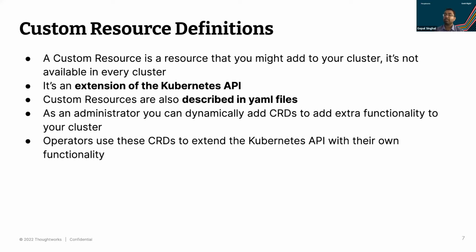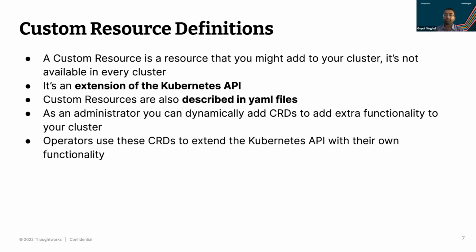As I mentioned, custom resource definitions are defined or described in YAML files, similar to other objects in Kubernetes. As an administrator, we just need to add these CRDs in YAML form and apply them to the cluster.